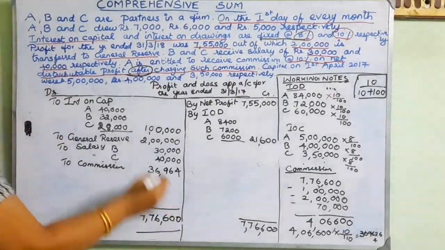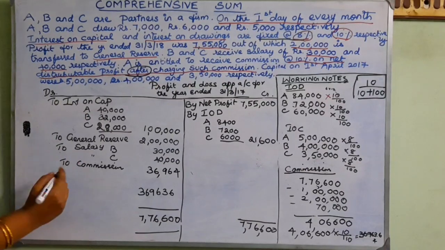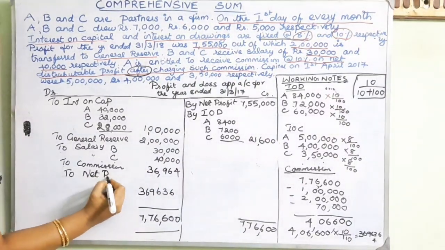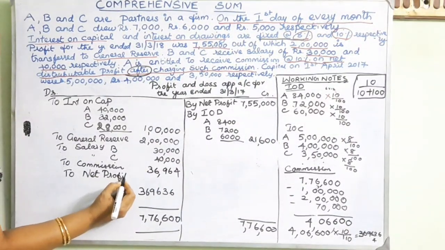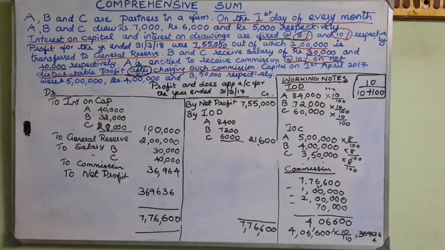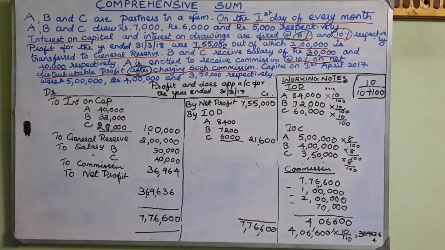So now we have to calculate the net distributable profit. The amount you will get after deducting the commission is 3,69,636.